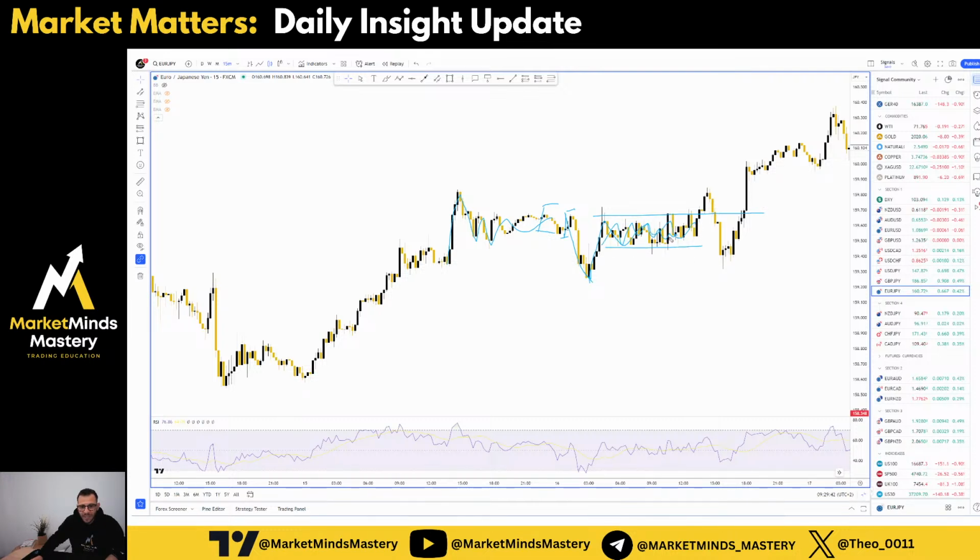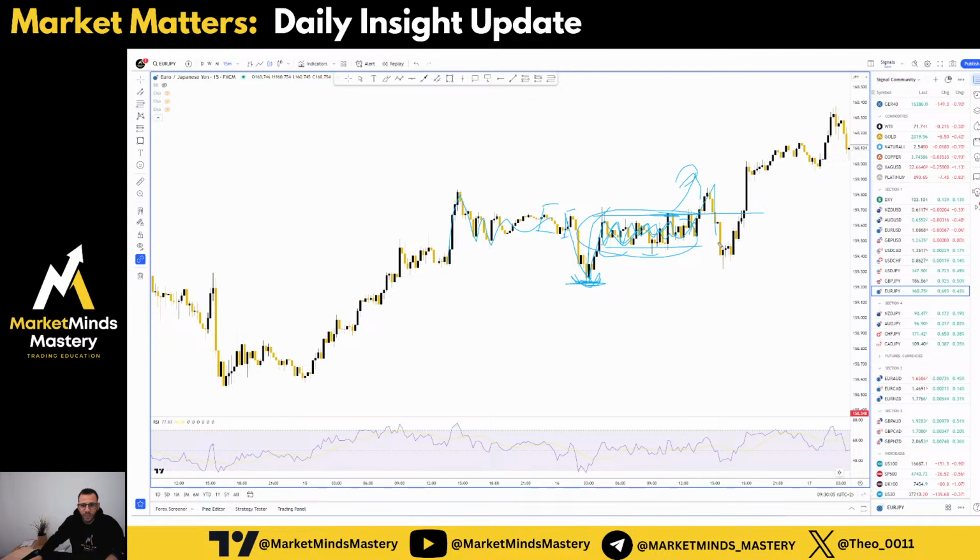Now, when you see this kind of range, guys, if you're going to buy for the expansion, please make sure you place your stop loss below the low of the previous trading session, not below the swing lows, because here it's a sideways move. The origin of the move is this one here. The relevant swing is down there.